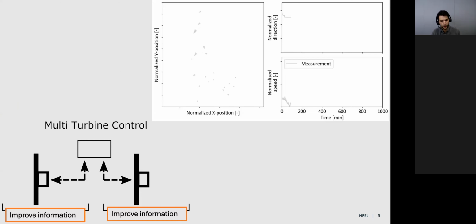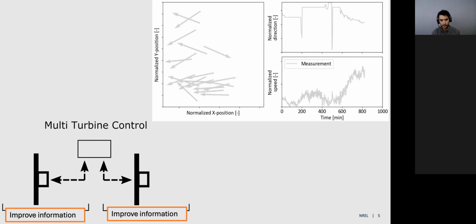Here's an example in the bottom left corner of what you might do if you are sharing information between turbines. Here's an animation showing the wind direction measured by a bunch of turbines in a wind farm, and you can see that they're really all over the place. They're not agreeing with each other very well, and so the wind turbines are going to be pointing in different directions and not necessarily doing the best they can do.